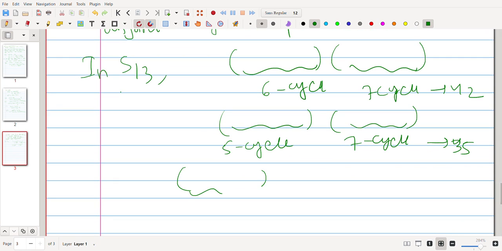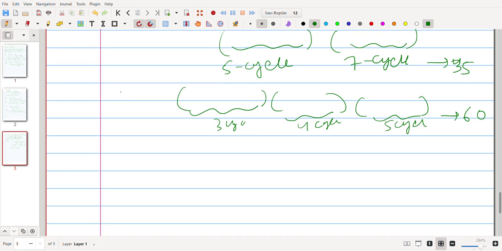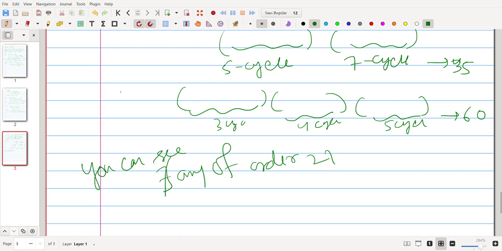I can take a 3-cycle, 4-cycle, and 5-cycle, I have order 60. And you can see there doesn't exist any element of order 27, because 27 cannot occur as an LCM of cycle lengths where each cycle has length less than or equal to 13. It is not possible that the LCM can become 27. Hence option A is correct.